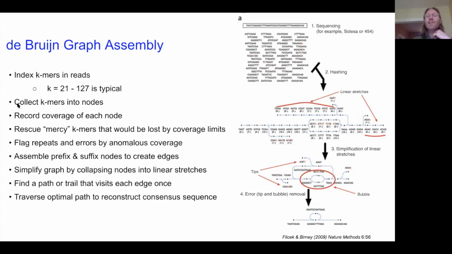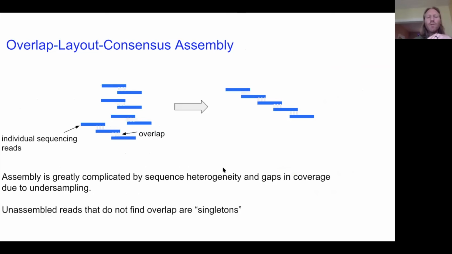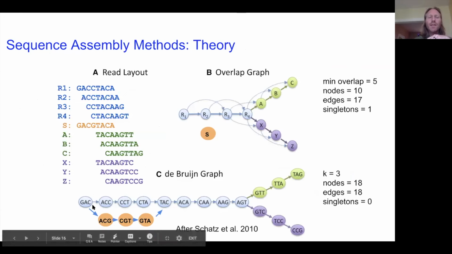The next thing is to step through those k-mers and collect them into nodes. That's finding all of these all-but-one overlaps that we saw previously, so finding the GAC that has an overlap with the ACC as AC.